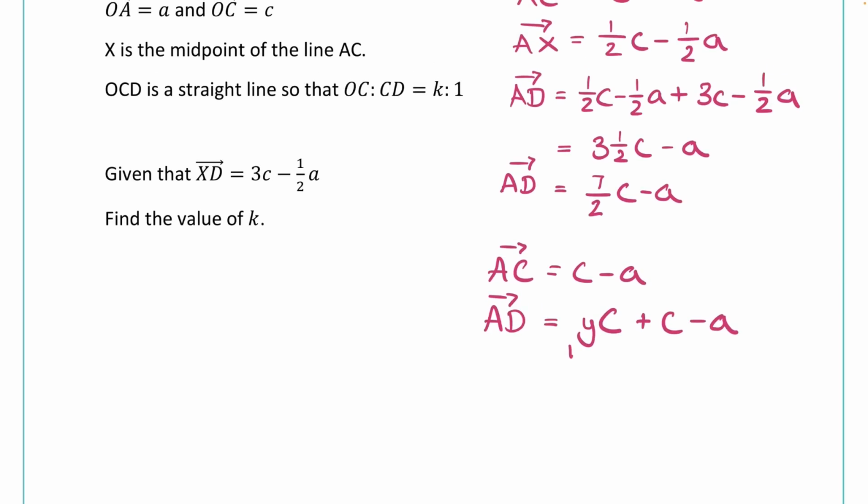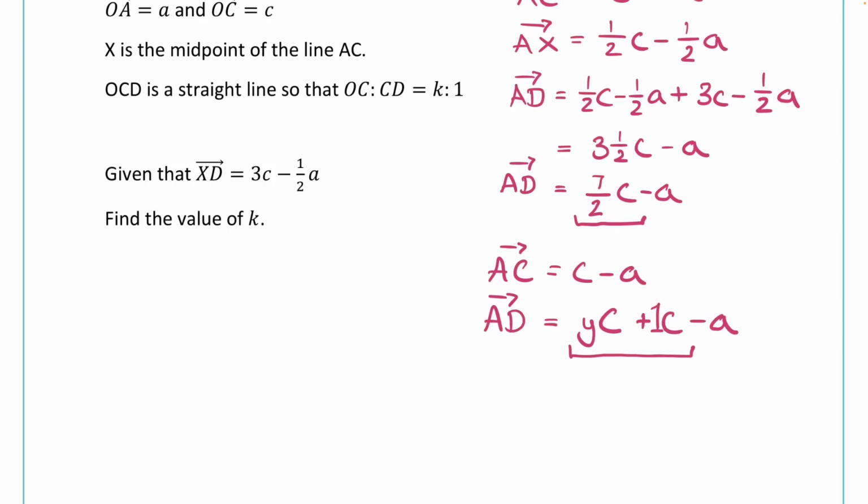Now this bit here, YC plus C, has to match this 7 over 2 C. We've got the minus A in both of them. We just want to know what the difference there in terms of the C's is. So if we look at this YC plus C, well, this is 1C right here.